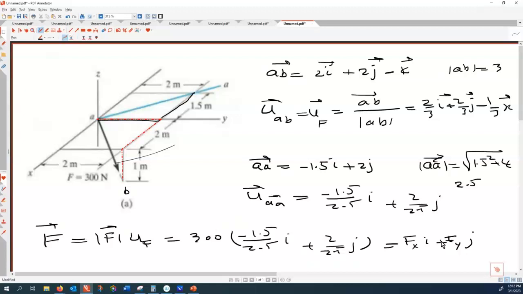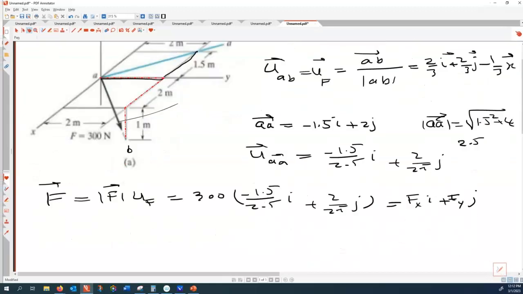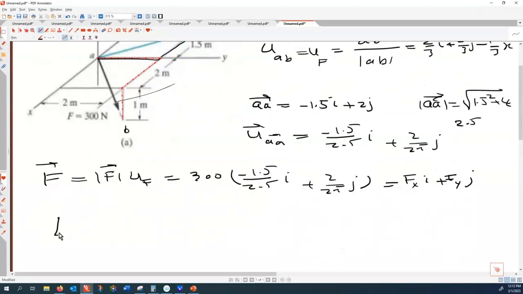How do you project it over AA? You simply dot product it by the unit vector of AA. So that is F parallel to AA, equal to F dot product by unit vector of AA. Yes? There is a unit vector, AA equal unit vector F. Yeah.